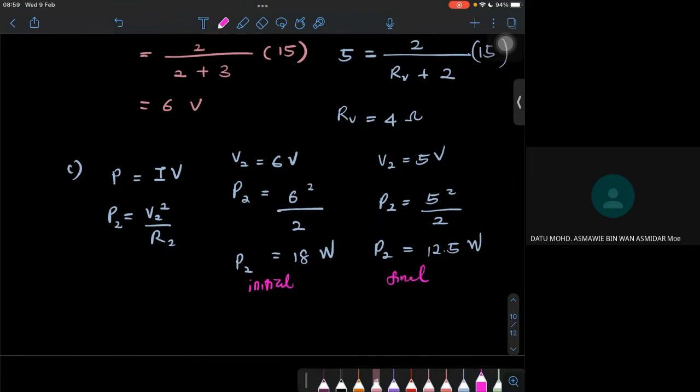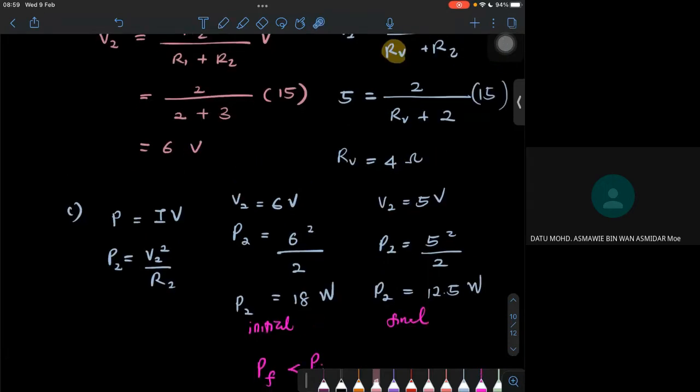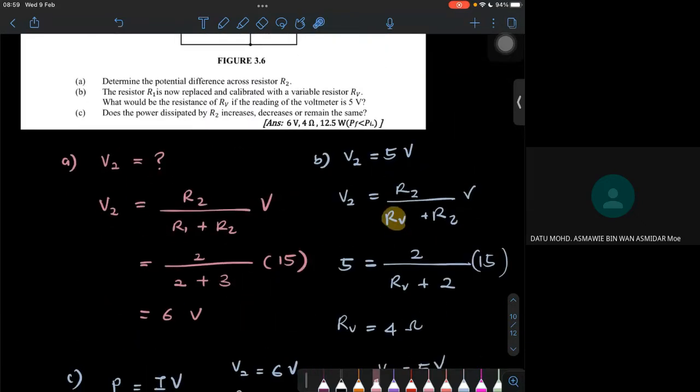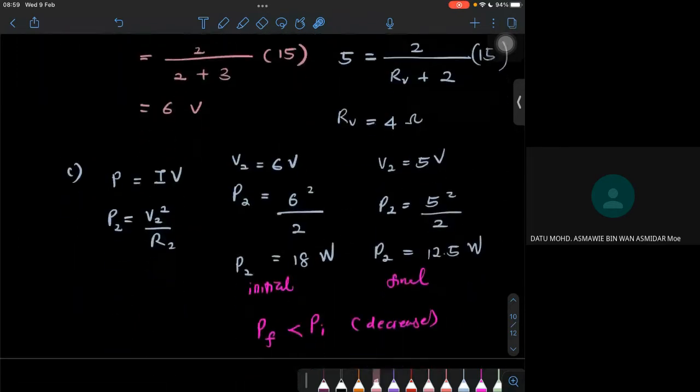So from here, as you can see that P final is less than P initial. So maksudnya the power will be decreased lah. Sebab dia tanya does the power decrease, increase, or remain the same? So the power will be decreased.